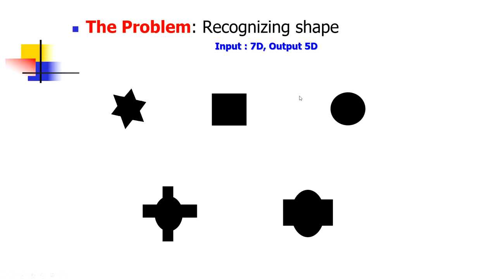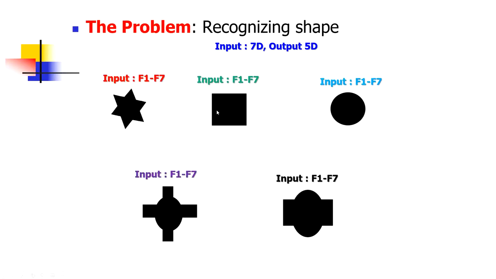Let's say the input is 7 dimensions, and then the output will be 5 dimensions in terms of the tagging. We give the tagging of our input as F1 to F7, which is 7 bits of the pattern that will be used in order to extract features from each of these 5 types of pattern.